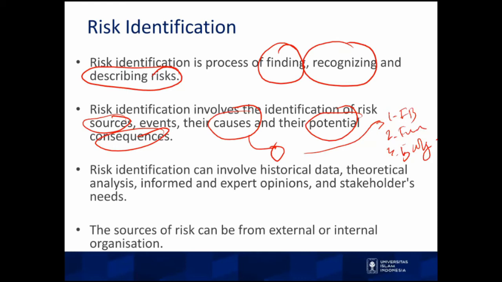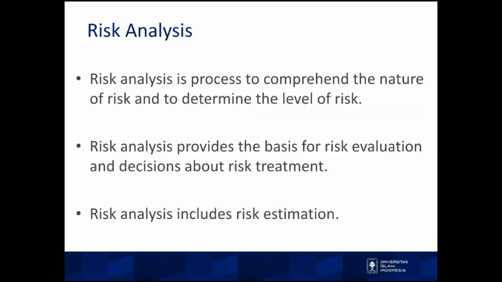Okay, this is identification. And the second one is risk analysis. Risk analysis is a process to comprehend the nature of risk and to determine the level of risk. So in the risk analysis, it provides the basis for risk evaluation and decision about risk treatment.